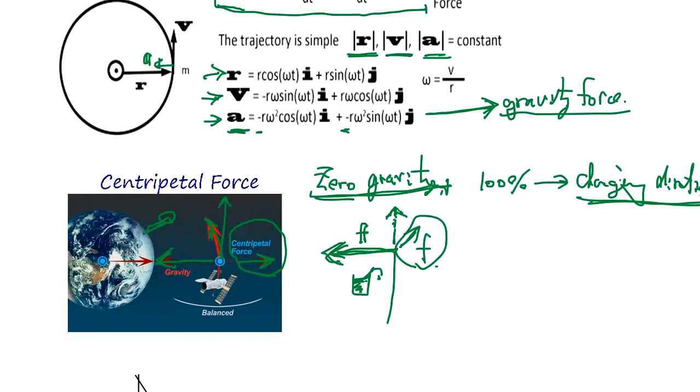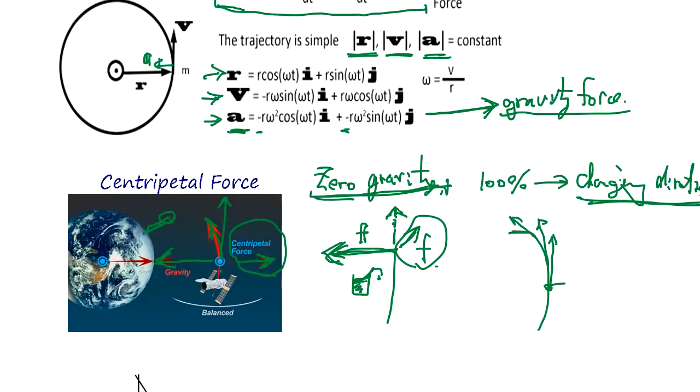Why don't you perceive that on the spaceship circling around Earth? That's because the trajectory is so large, and you constantly feel inertia going off the tangent.